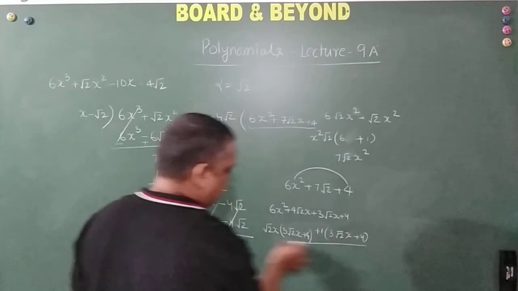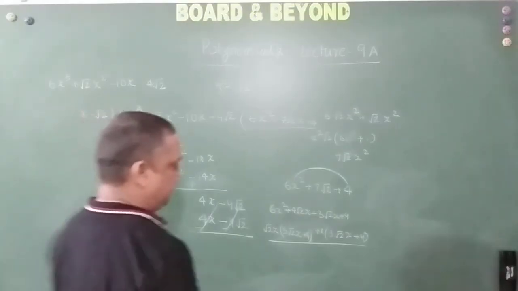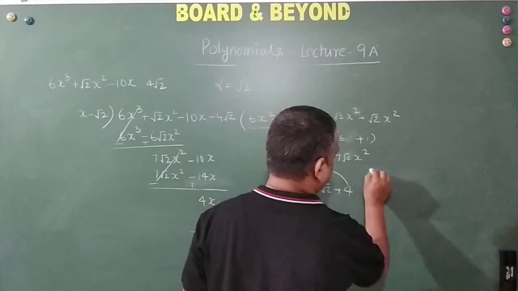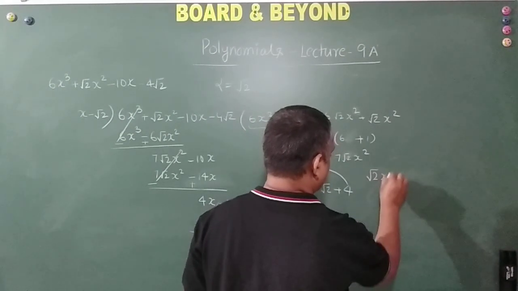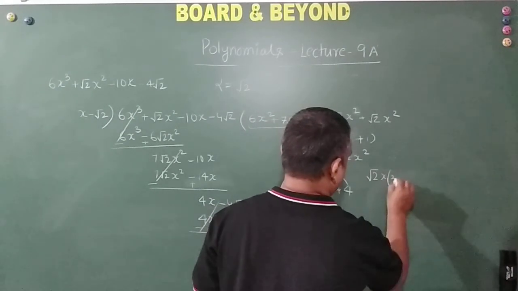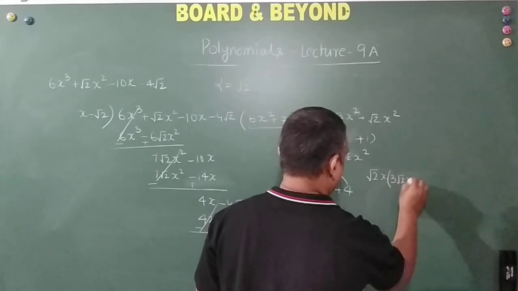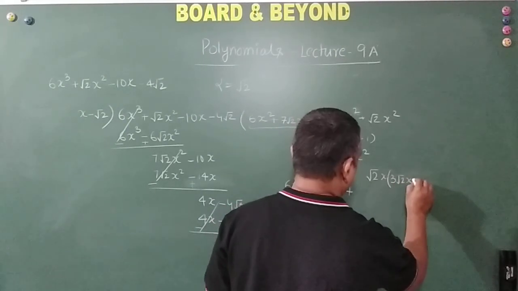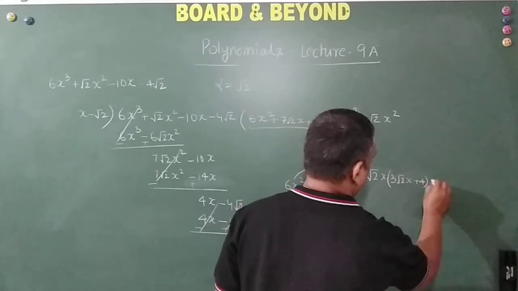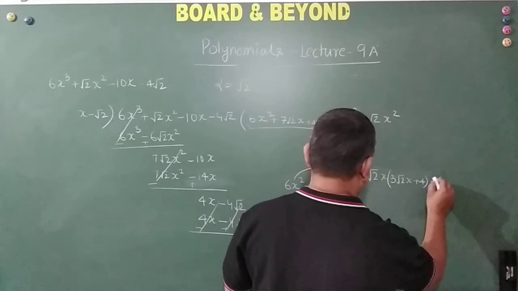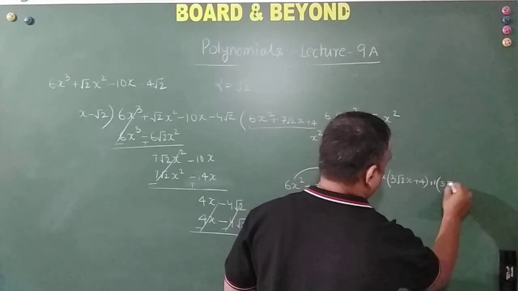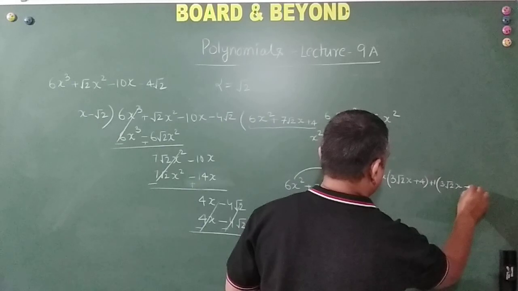Friends, let me write it neatly here. Okay, root 2x common, so 3 root 2x plus 4 plus 1, 3 root 2x plus 4.